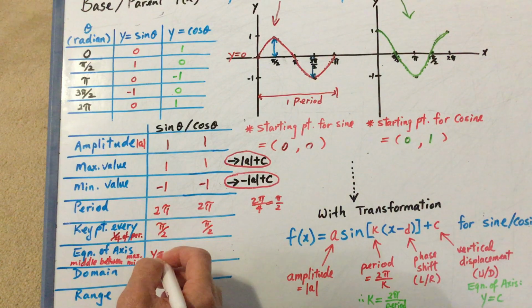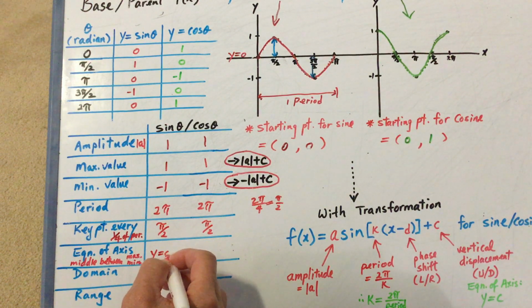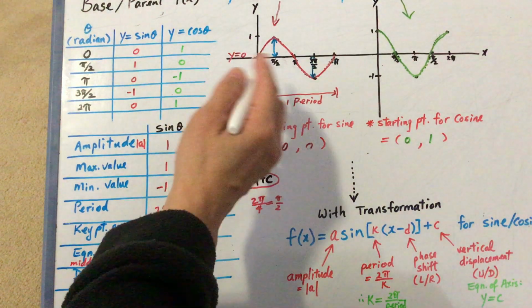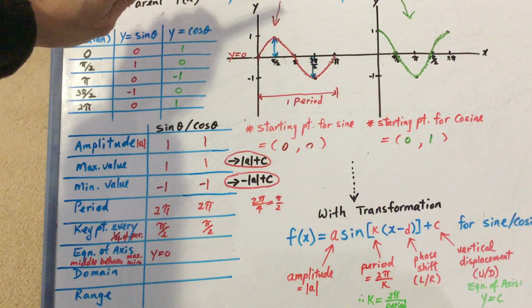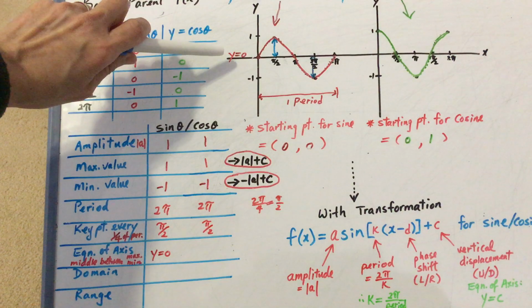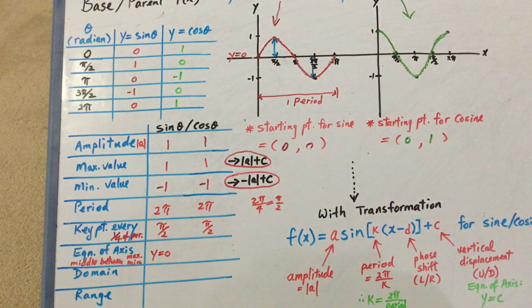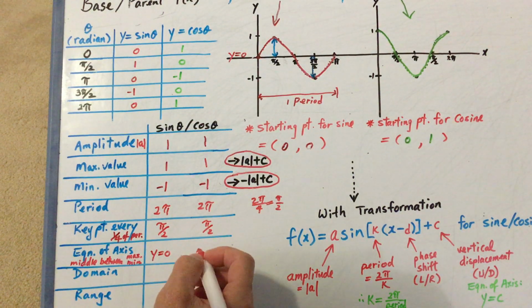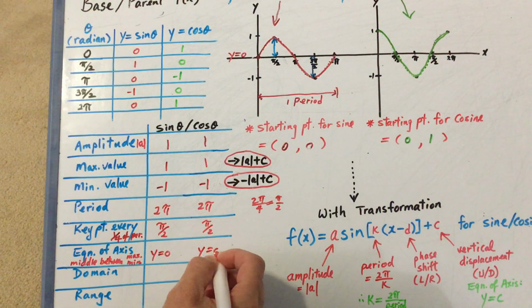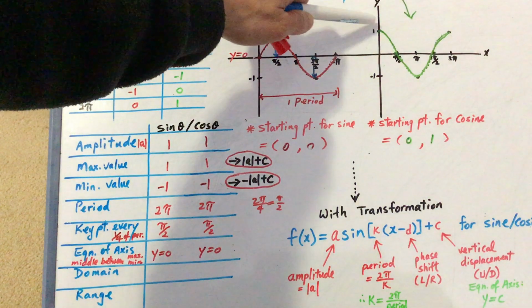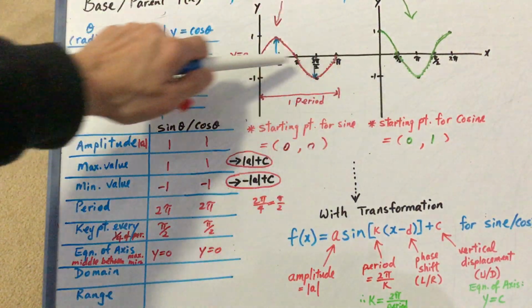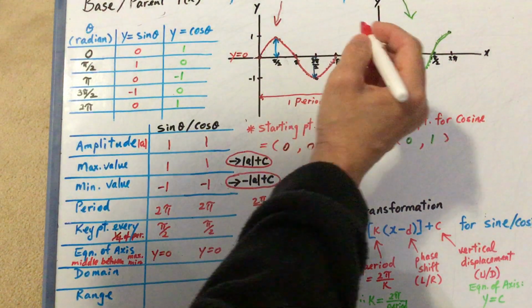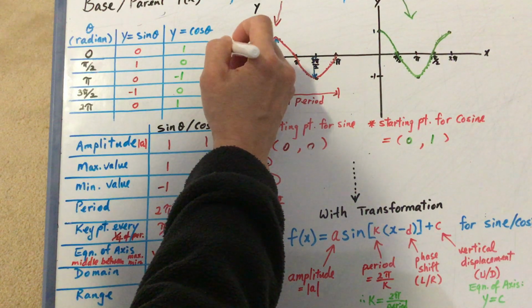A horizontal line has to start with y equals 0. And of course, once the parent function starts to move elsewhere, then the middle line will have some other values. But for the parent functions, for both sine and cosine, the middle line from the max to the min will be this line here. And this will be your equation of axis.